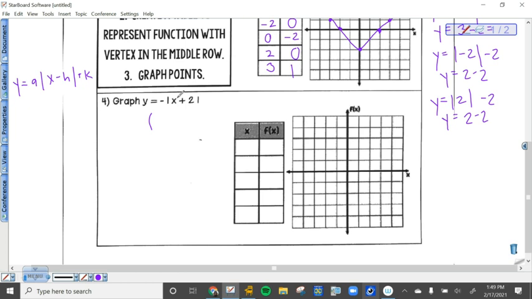It's going to be the opposite of what it is in here. Negative 2. And then where's my K? Well, 0, because it's not written. So I can just imagine it's there. Negative 2, 0. Okay. And then, so let's put this in here. Negative 2, 0.